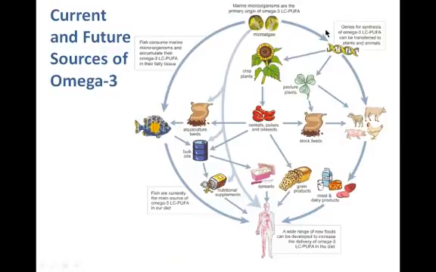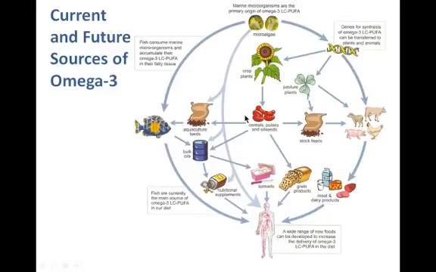On the other side, genes can be removed from these algae, or from these single-celled organisms, and put into some plant, either crop plants or pasture plants. The best example here is soybean. You can put DNA from other flowering plants and algae into soybeans and produce an omega-3 rich soybean oil.